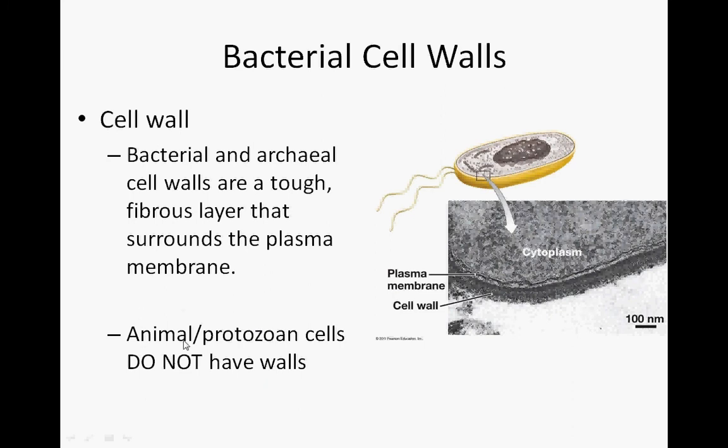And it is, as we discussed with structural carbohydrates, a very therapeutically useful difference between our types of cells. If animal cells had peptidoglycan cell walls, penicillin would kill us in addition to killing bacteria, and that would be bad.